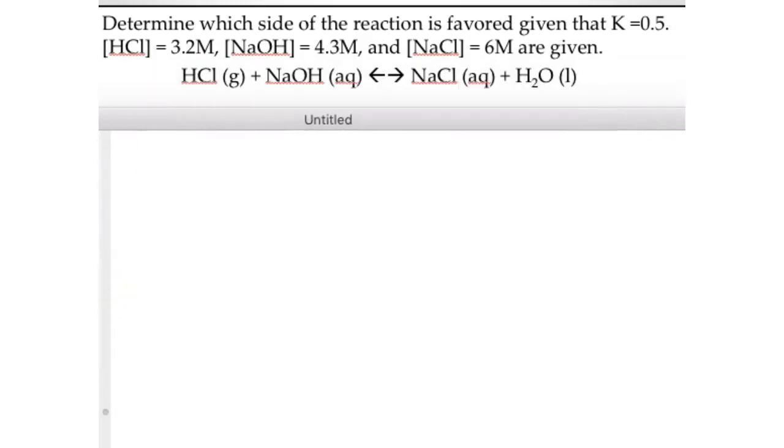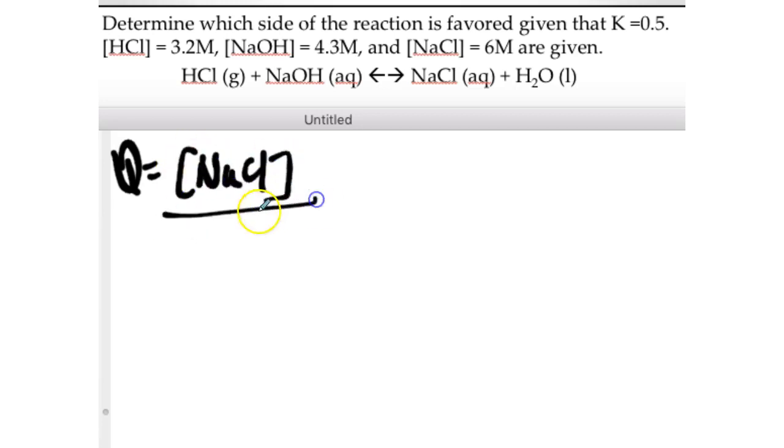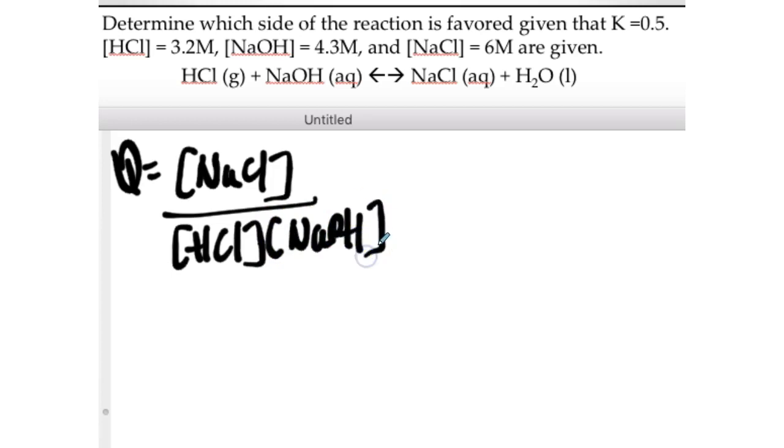Okay. So what you guys did is you wanted to find Q, and you recognized that water is not part of the equilibrium constant or Q, so you put NaCl, aqueous, HCl, NaOH. And the concentrations are given to you already, so that makes things easy.